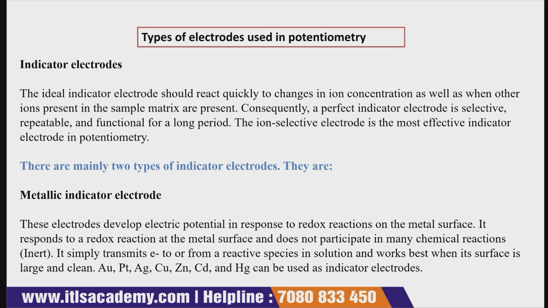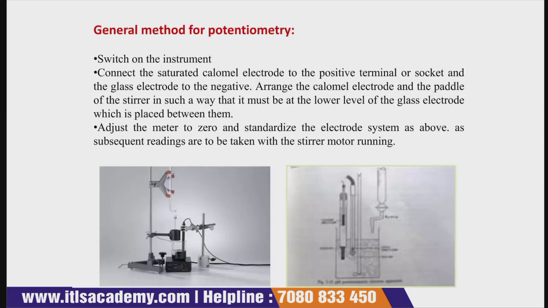Examples of such indicator electrodes are zinc, copper, mercury, etc. Now let us discuss the general method of potentiometry. How does the potentiometry method work? This is the device, as you can see, this is the whole setup.